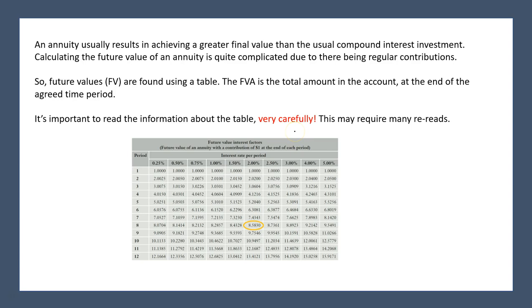So we won't be depositing $1, we may deposit 50, so we would take a value out of the table, multiply it by 50. You can see the table is made up of periods 1 through to 12. They could be years, they could be months. Interest rates of 0.25%, etc. Now these are still percentages, they haven't been converted to decimals.